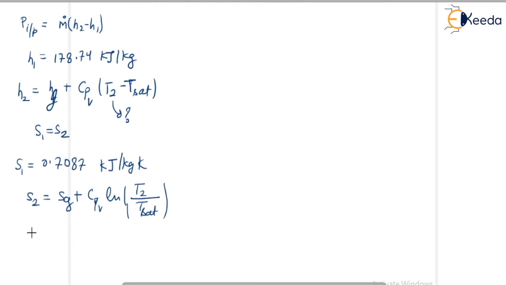Here S1 is just equal to S2, so 0.7087 is equal to 0.6802 plus 0.82 ln in bracket T2 by 321. 321 is our saturation temperature.